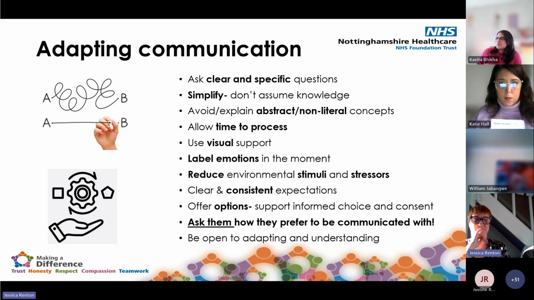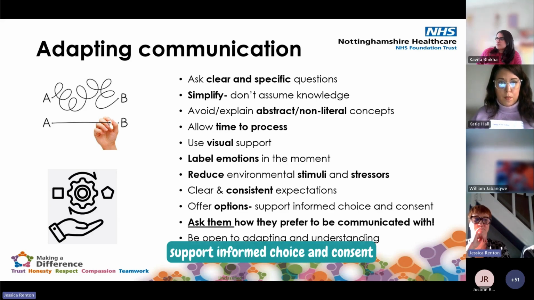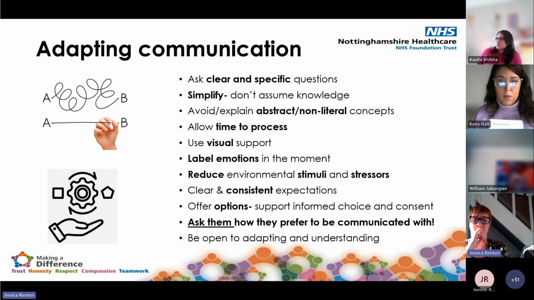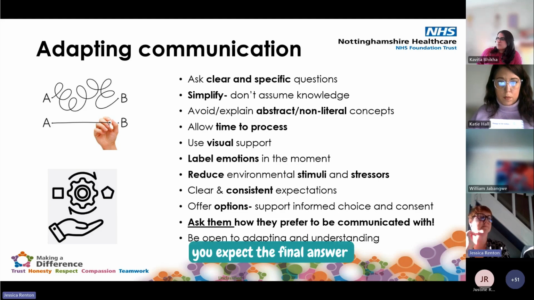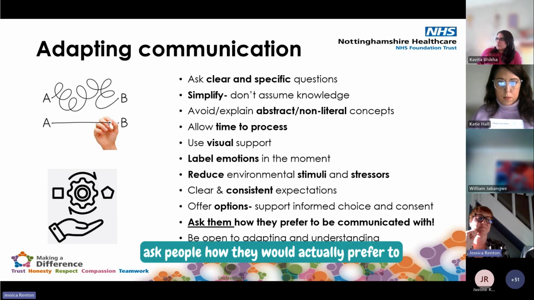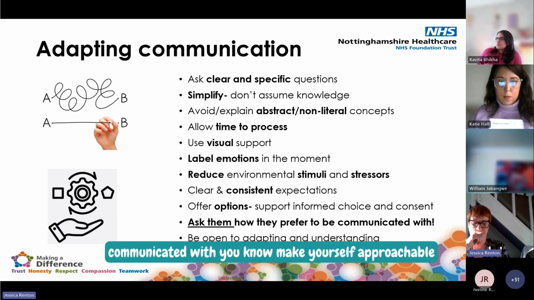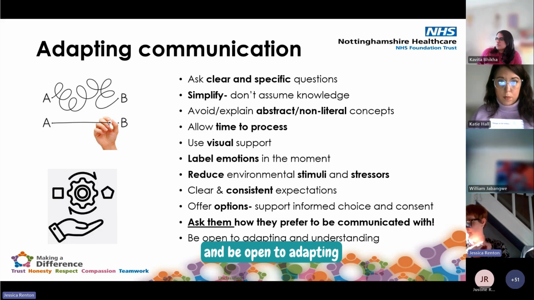Offer options. Support informed choice and consent. Do this before you expect the final answer. Ask people how they would actually prefer to be communicated with, make yourself approachable, and be open to adapting and understanding.